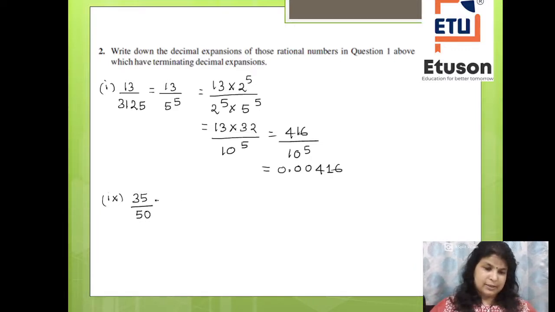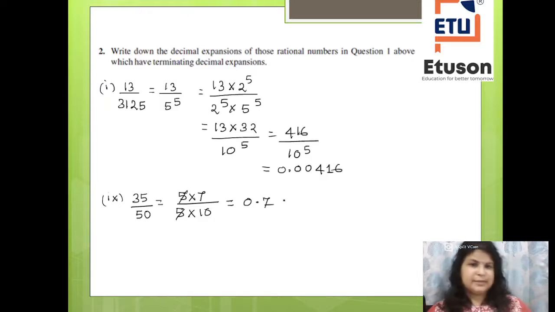So let us try this. You had written 35 is equal to 5 into 7 and 50 is equal to 5 into 10. So 5 gets cancelled and your answer is 0.7. Very simple. Correct. So you have got terminating decimal over here.